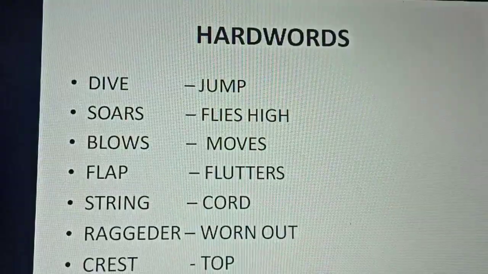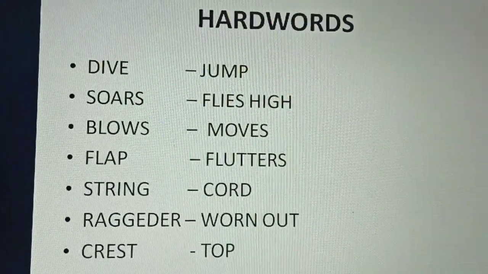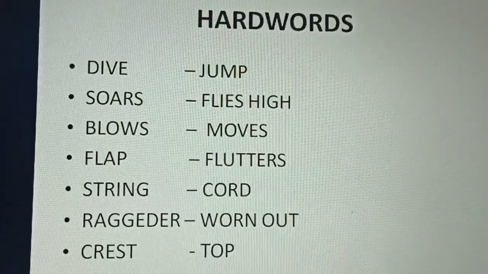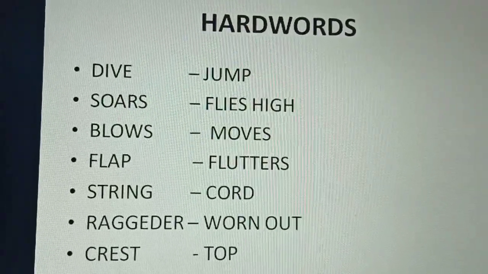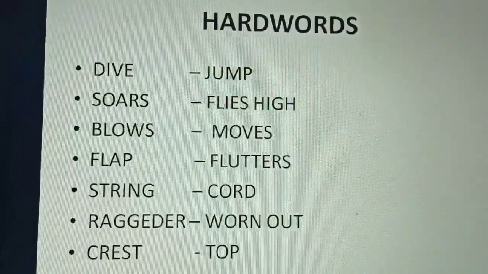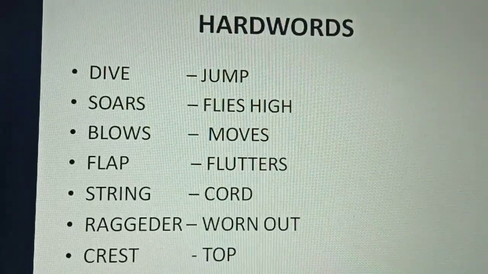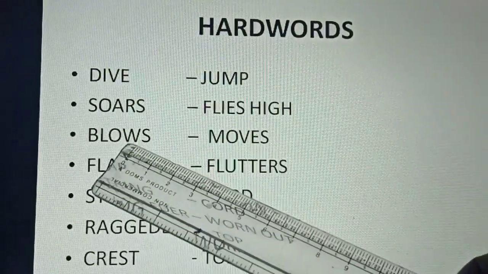Before getting into the poem, let us see some hard words. The first one, dive: dive means jump. Soars means flies high.